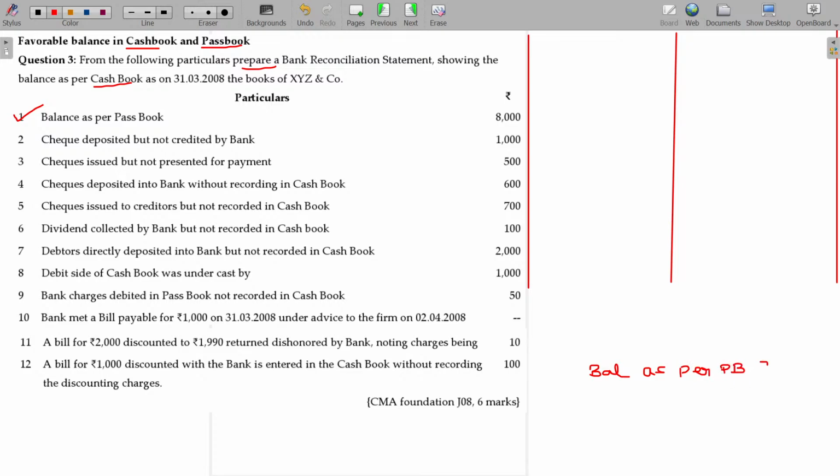The value being 8,000. If it is a favorable balance as per passbook, it means the balance should be credit. What you have to do? Add the debit side balances, subtract the credit side balances. Naturally, you will get the balance as per cash book.